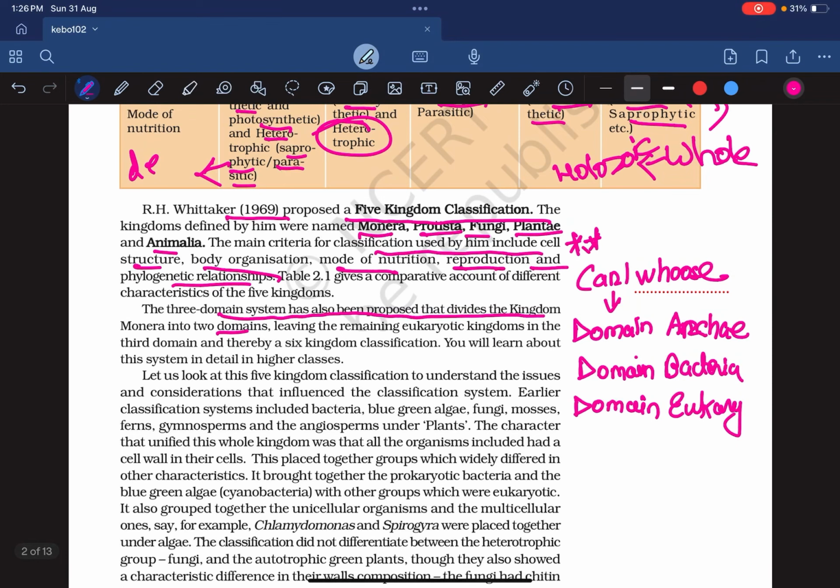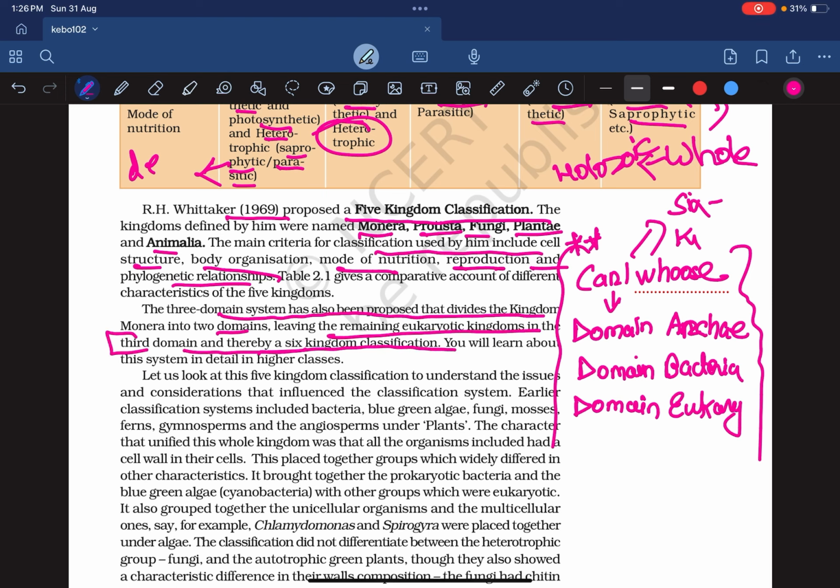It's extra knowledge, not needed, not given in NCERT, but you can refer to it. Carl Woese also gave the 6 kingdom classification. Here the three domains generally refer to the 6 kingdom classification.